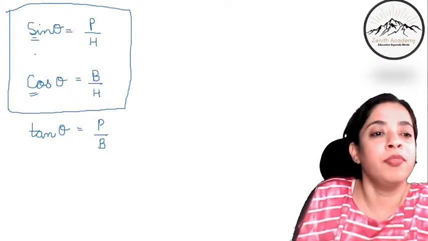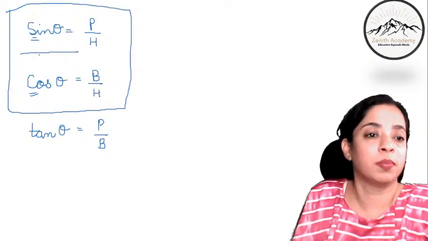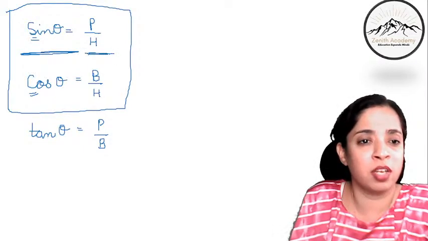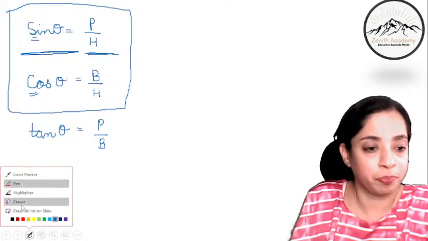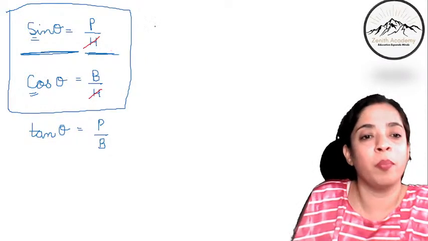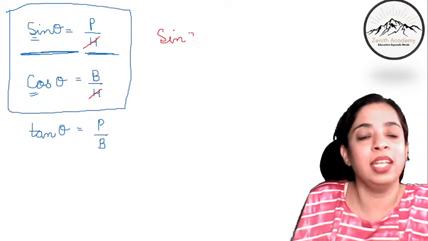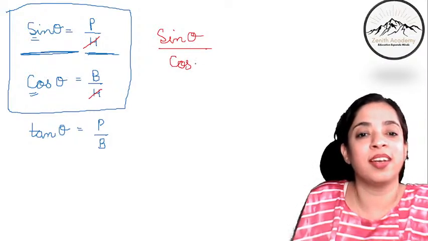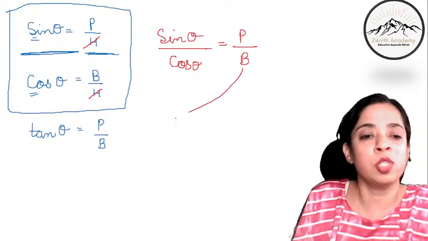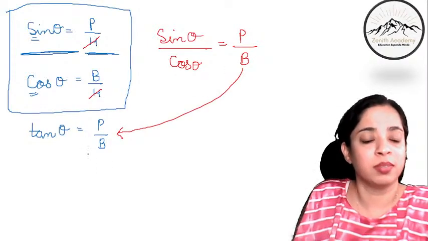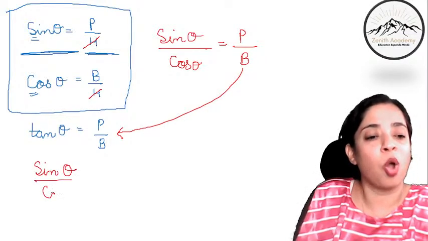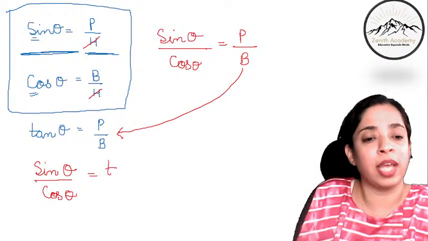If you divide sine theta by cos theta, in both the cases the denominator is the same. So sine theta divided by cos theta is equal to perpendicular by base, and perpendicular by base is tan theta. So sine theta by cos theta is equal to tan theta.